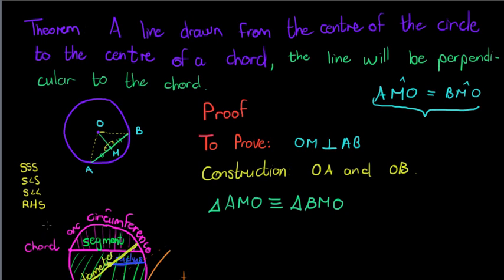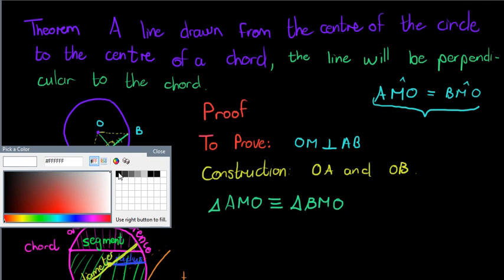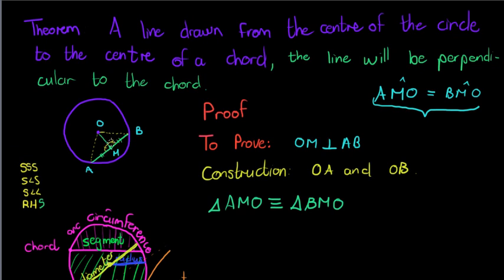This angle, side angle side. Which angle do you have? Since we have a common side with two sides which are exactly the same. Which sides are the same? AM and BM. And then they share a common side which is OM.